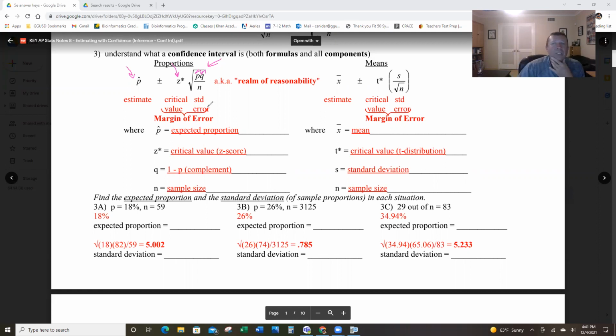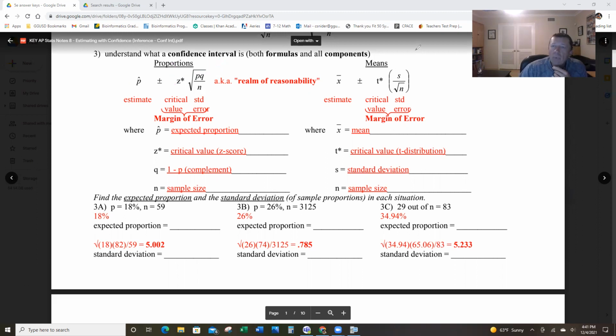That's a tie into chapter 2. If you wanted to be 99.7% confident, this number will be about 3, because 3 standard deviations away from the estimate should cover 99.7% of the possibilities, according to the empirical rule. Okay, that's the idea. All right, now same thing here.